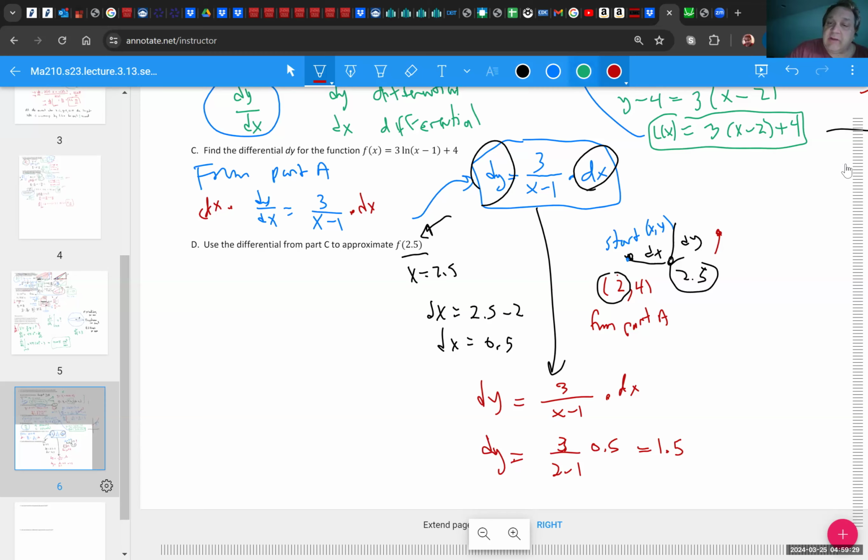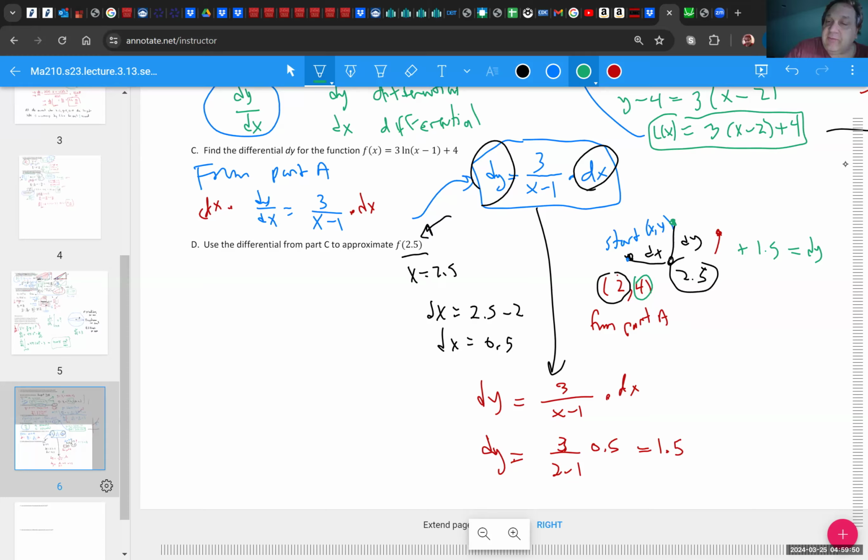So if we started at 4 and we nudge up 1.5, where do we end up? Our y value was originally 4, and we go up 1.5. So what y value do we end up at?